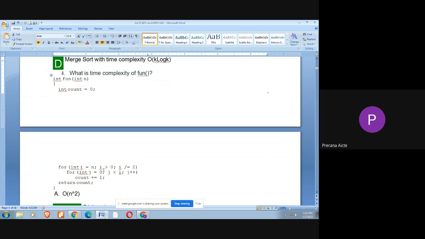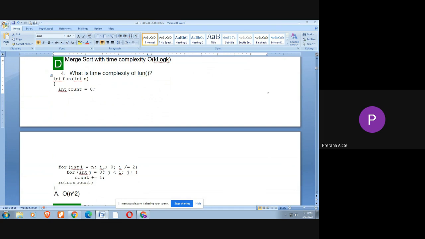And next, the frequency: how many times that particular statement gets executed in that code. And then we find the product of statement per execution and the frequency. And then finally, we add all those values such that we get the time complexity of the particular code.